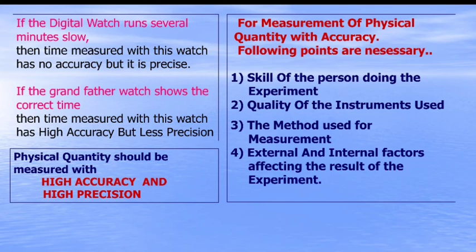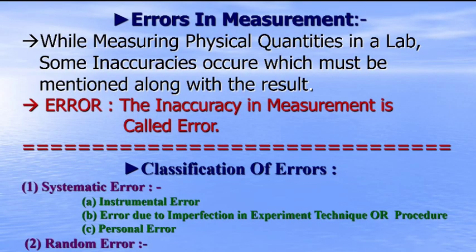For measurement of a physical quantity with accuracy, the following are necessary. First, skill of the person doing the experiment. Second, quality of the instruments used. Third, the method used for the measurement. Fourth, external and internal factors of the experiment.